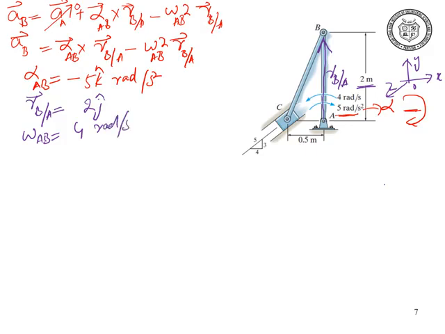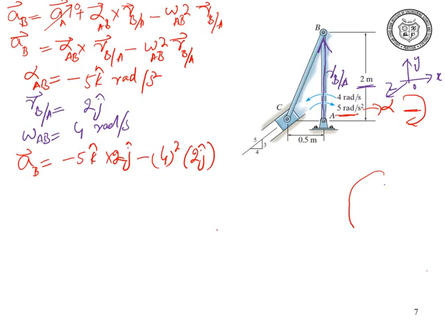In the above equation we know all the terms, so we can write the acceleration of the particle B. So aB will be equal to minus 5k cross product with 2j minus 4 square times 2j. Again by convention, this is I, this is j, and this is k.